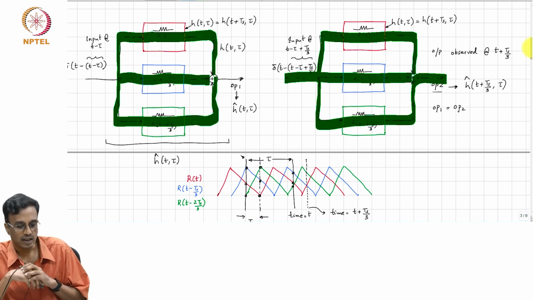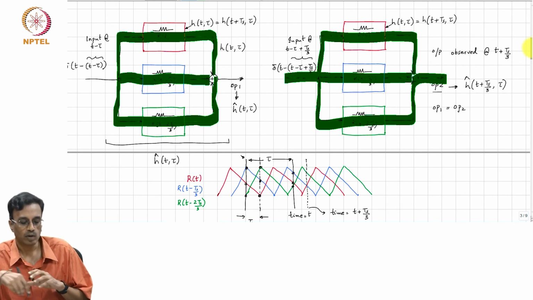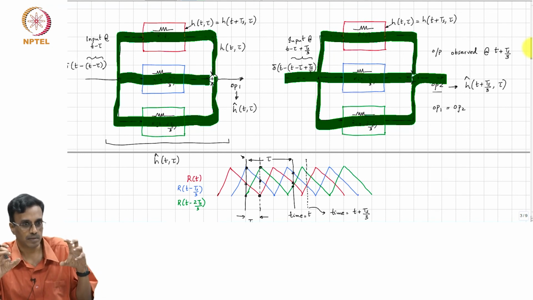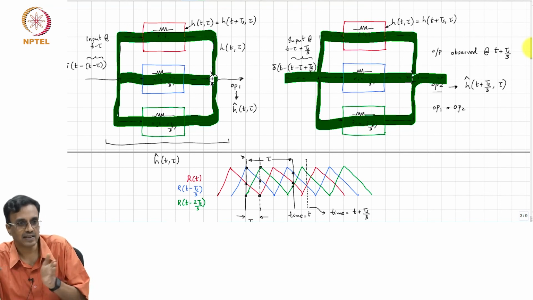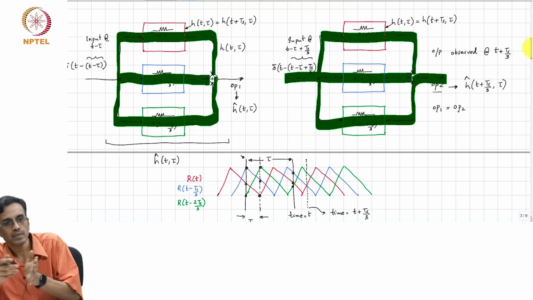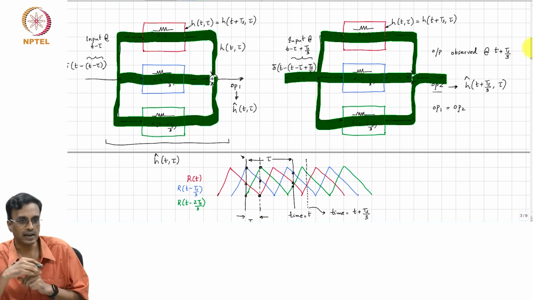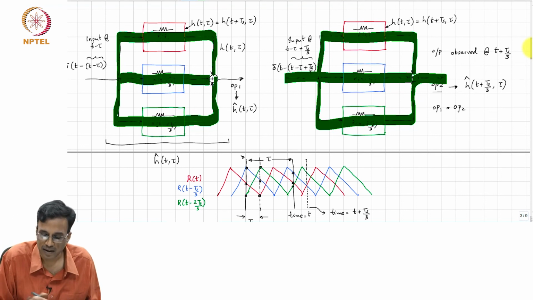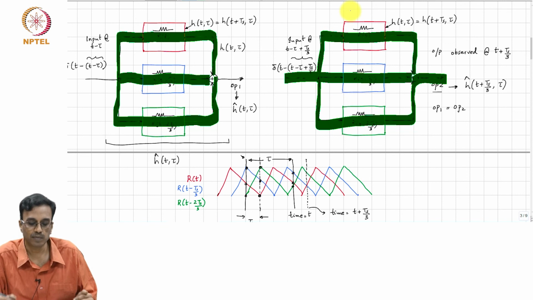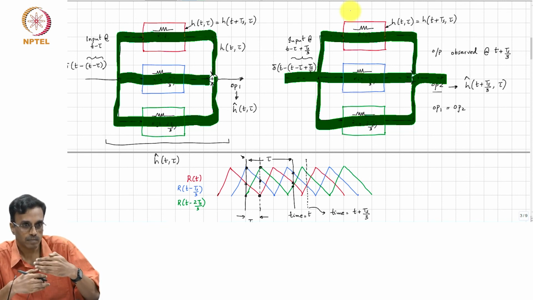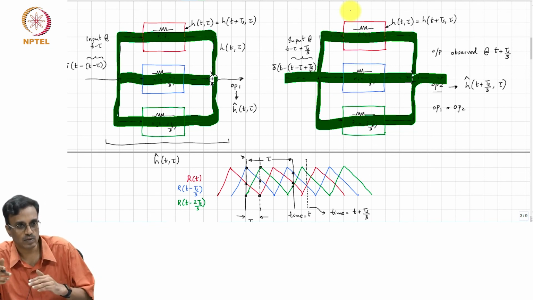In other words, another way of thinking about this is that if you take a photograph of the system at a certain time, the network looks exactly the same at a time Ts by 3 later, and that happens because the 3 subsystems are exactly identical, but it is only the timing which is changed.